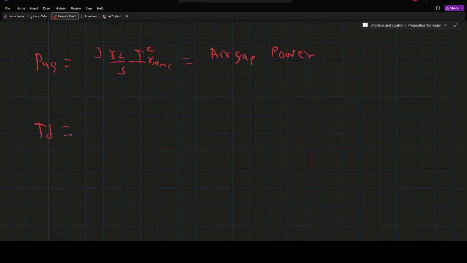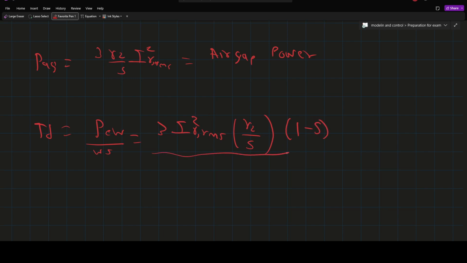And if we want the developed torque, we have to divide the PAG over the mechanical speed, and we will get 3 ir squared in RMS times r2 over s times 1 minus s over, I'm sorry, this is over omega r in electrical.